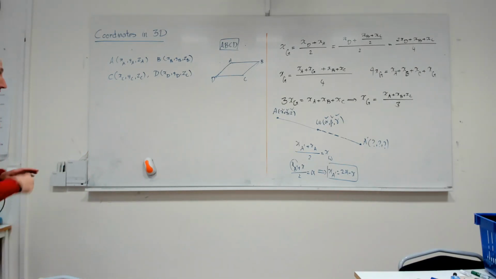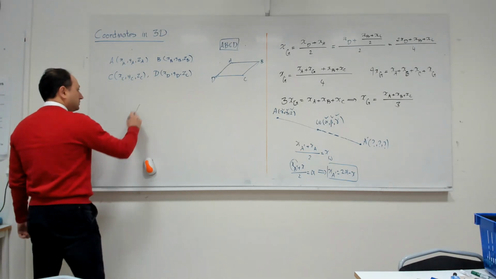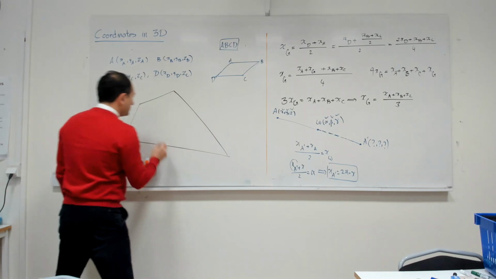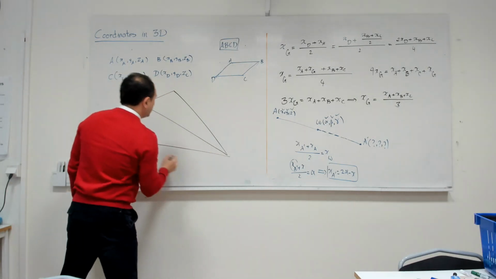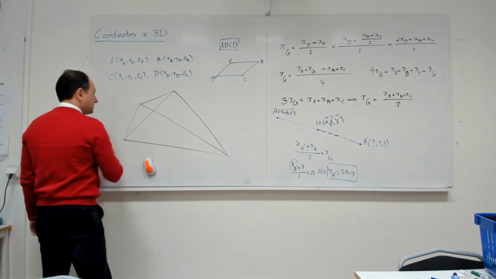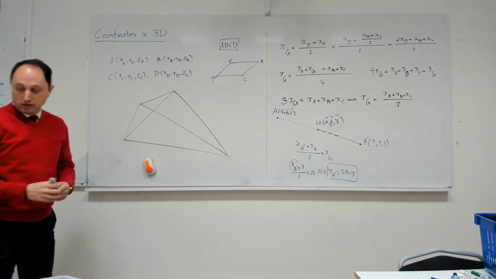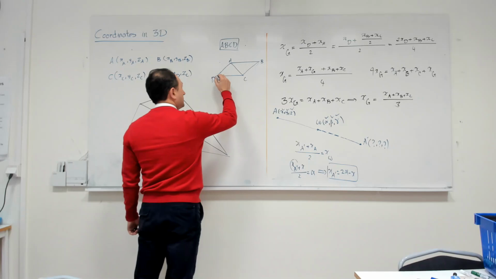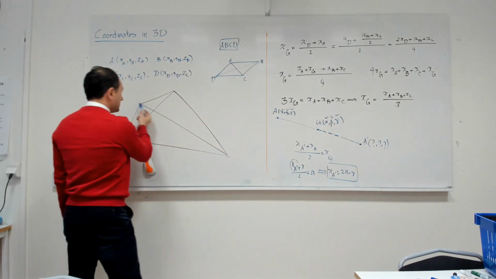So if I have a quadrilateral, just a random quadrilateral, and if I draw, I don't know, hopefully it can be seen here, yes? I draw these diagonals. And if I draw the diagonals in a parallelogram, there is a big difference between them. Of course, the sizes are different.